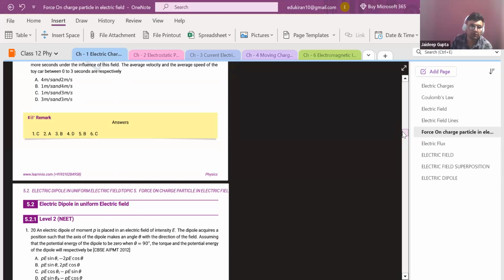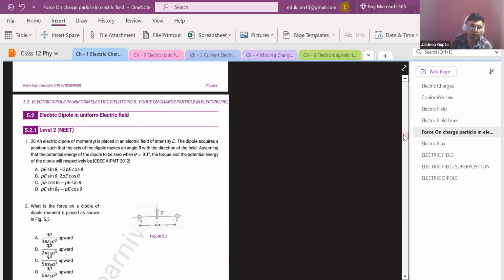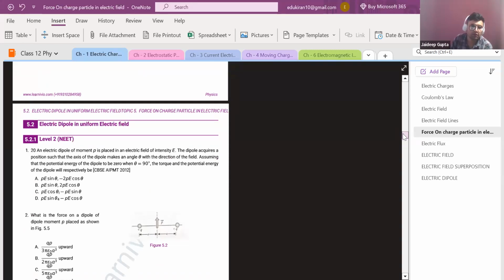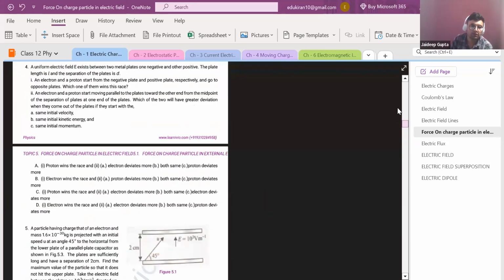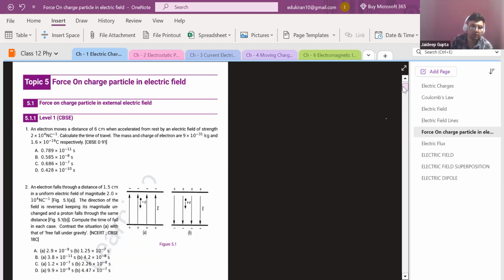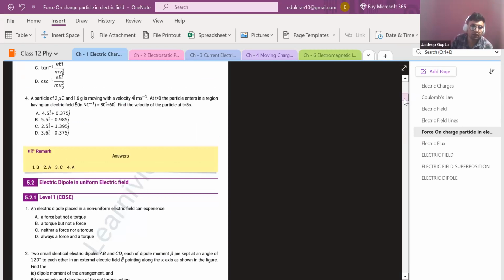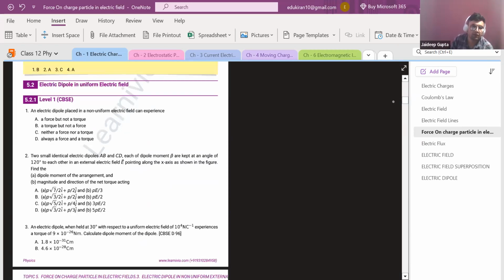This one, electric dipole in a uniform electric field. This question I told you, this one. Now, electric field. Try the first question.